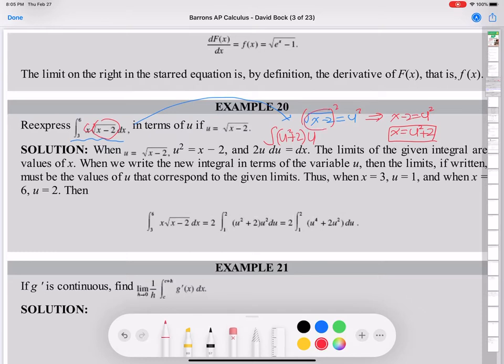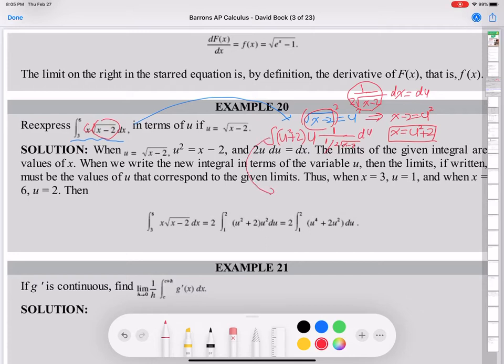Find the derivative of this part: 1 over 2 square root of x minus 2, and then dx equals du. dx is always du over the derivative of the u part. So that is 1 over 2 radical x minus 2 du.